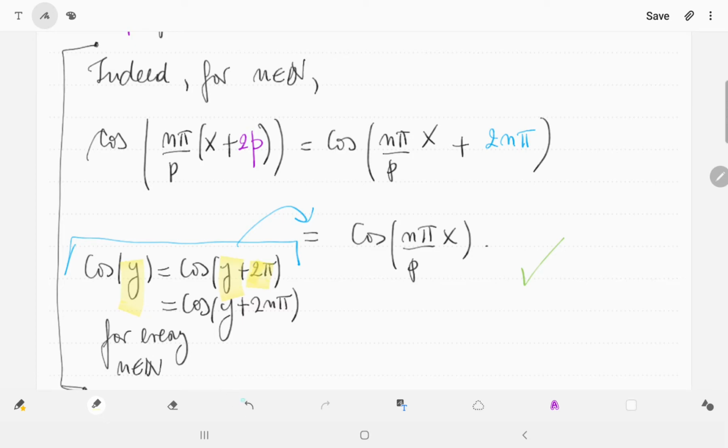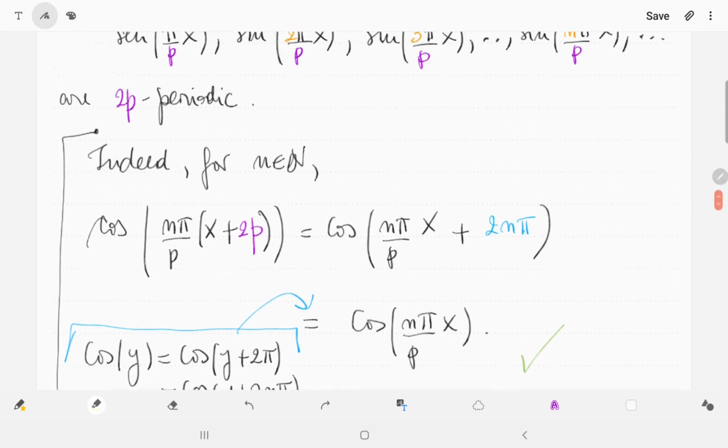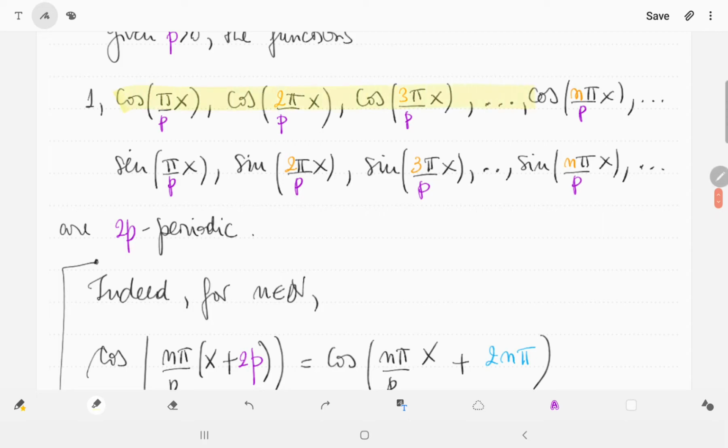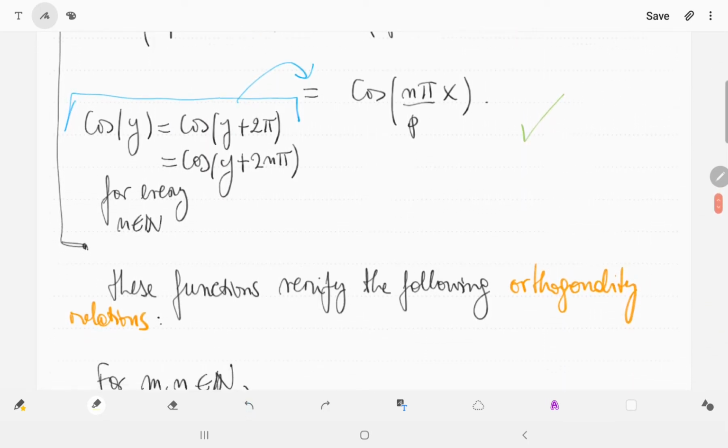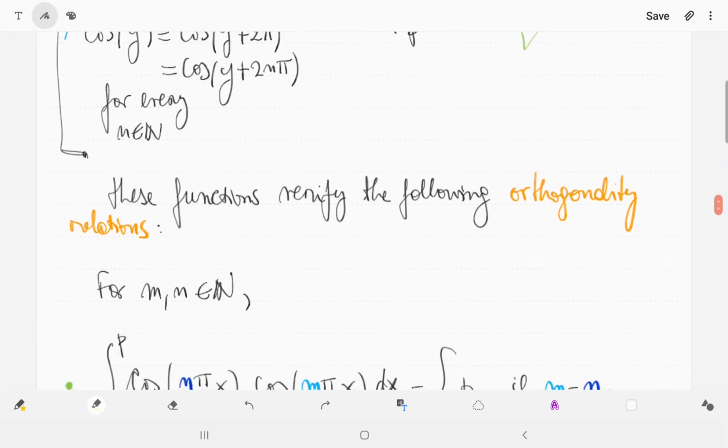And once we have a period, then repeating this identity that we have here n times, we will get this identity here. So that's why we have this identity. We can do the same for sine, for the other family. Let's say that we did the proof for this family, and for the other it is exactly the same. Okay, so all these functions are 2p periodic.